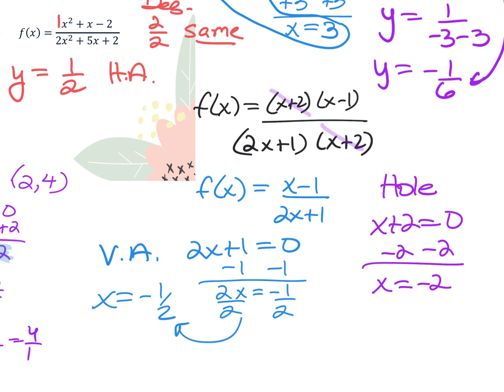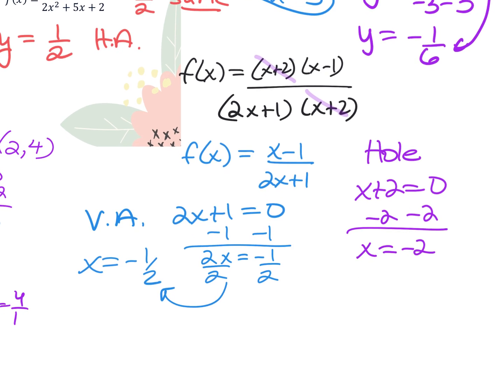This just gave me the x of my hole's ordered pair. Again, take that x value, plug it into the simplified function.